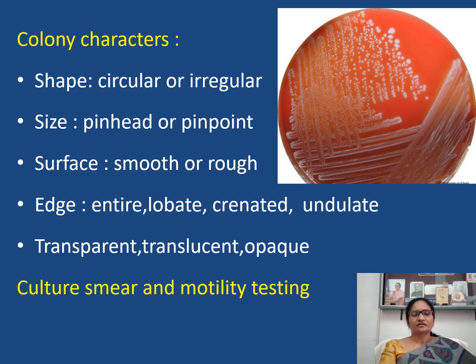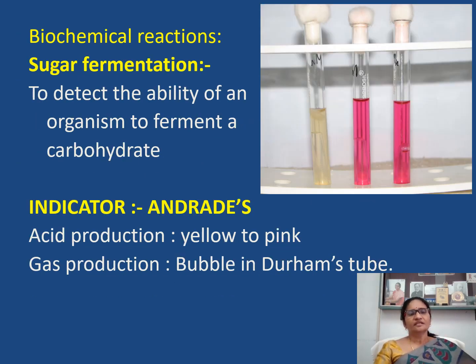See here, the test is to detect the ability of an organism to ferment a carbohydrate. Bacteria will utilize sugars, that is carbohydrate. Carbohydrate may be a monosaccharide, polysaccharide, disaccharide, or simple starch also.